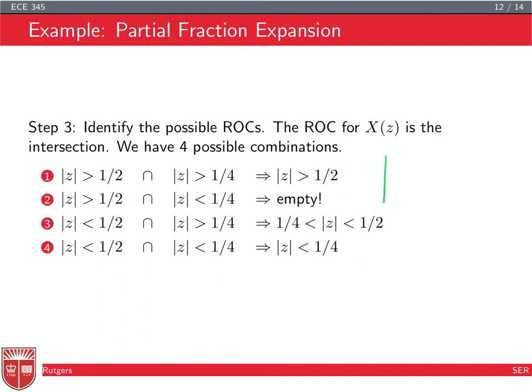So I'm going to try to draw each case. So in this case here, I have the two poles, 1/4 and 1/2. And this case corresponds to the magnitude of z being bigger than 1/2. And this case here corresponds to the inner ring between 1/4 and 1/2.